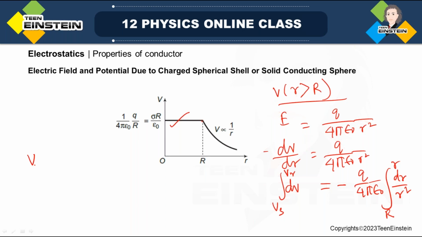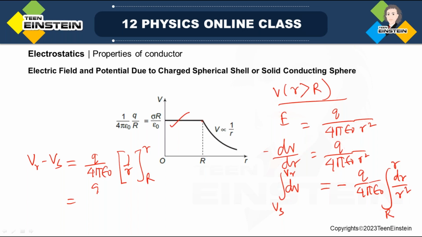This will be actually V(r) minus Vs, and on the right hand side this will be minus 1 by r, so this will ultimately be plus, and 1 by r, with limits R to small r.